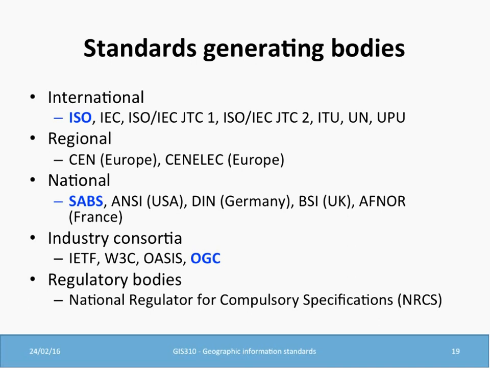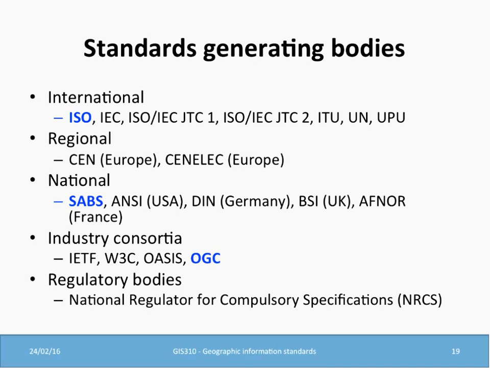Then another interesting one is the industrial consortia. So OGC, the University of Pretoria, is actually one of the only 2 members in South Africa that is part of OGC. The other member is a private organization called Afrigis. I think some of you visited them in your first year. So Afrigis and UP are members of OGC. Then we have ISIS and W3C.